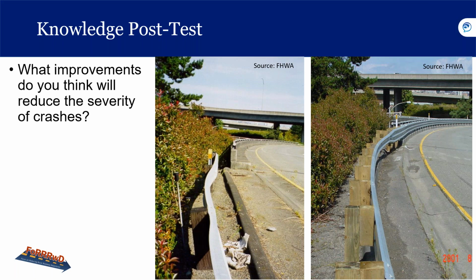Everything still looks the same, but what they did was update the guardrail. The guardrail was installed over the curb, a transition was installed between the approach guardrail and the bridge, and the bridge rail was retrofitted. So those were the improvements that they made.